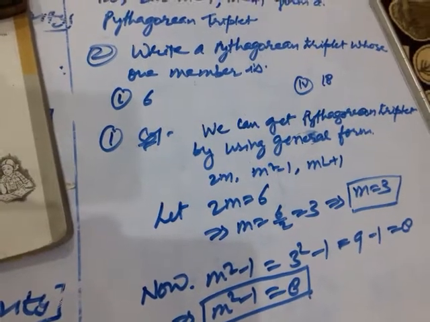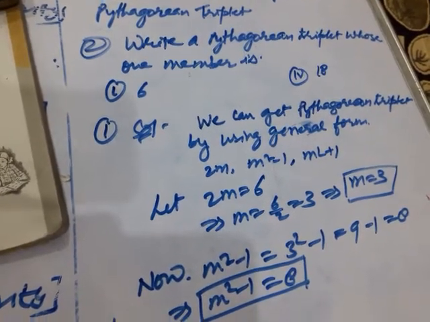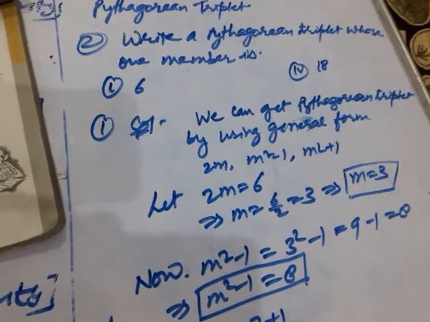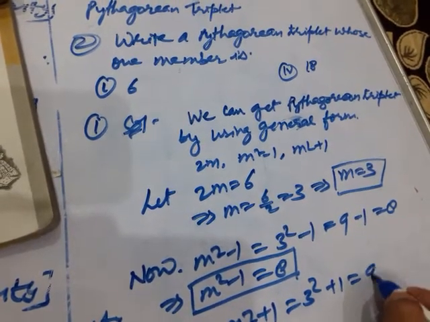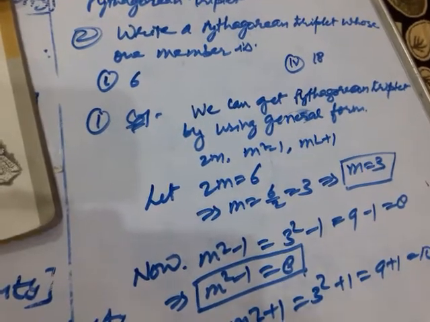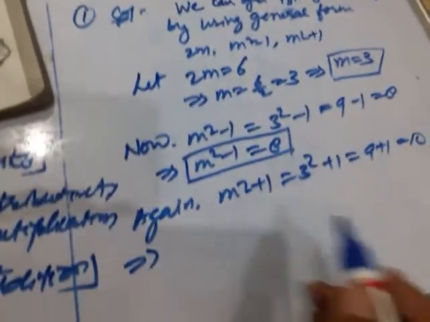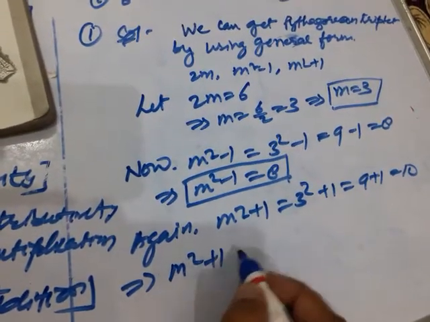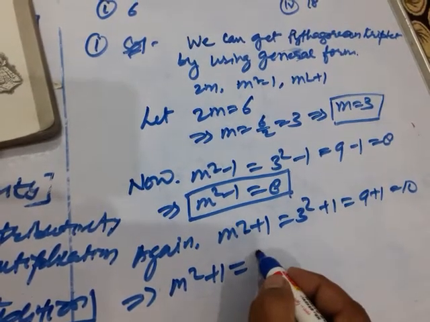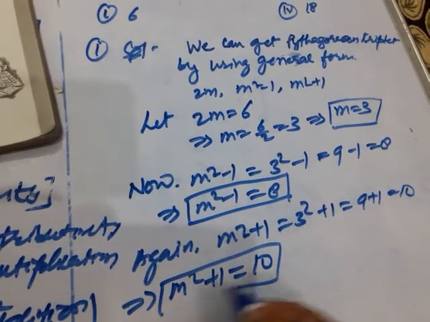Clear? Again, m^2 + 1 = 3^2 + 1 = 9 + 1 = 10. So what are the three members?